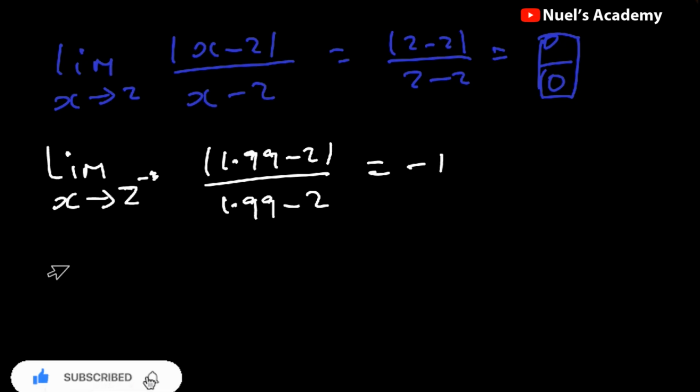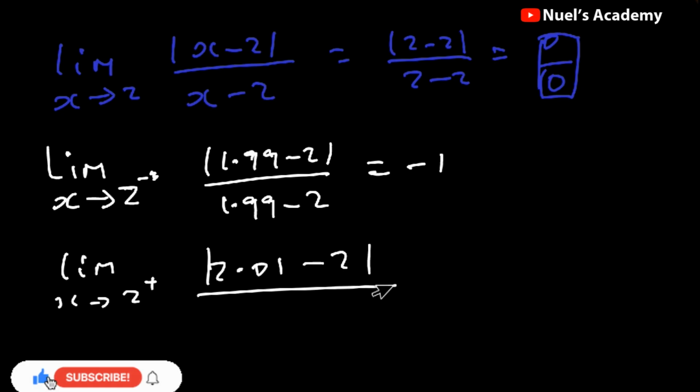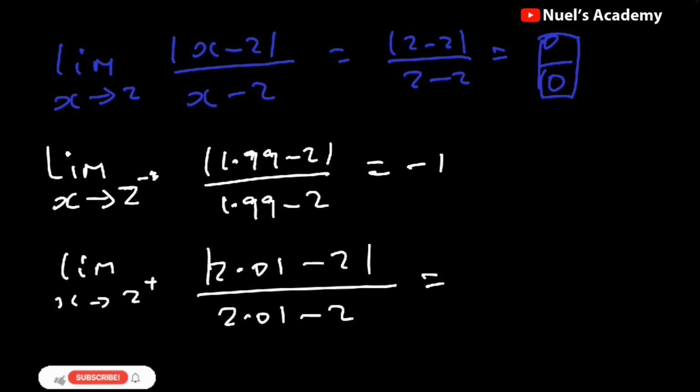Let's evaluate it again from the right-hand side. So we have 2.01 minus 2 in absolute value signs over 2.01 minus 2. So we have 2.01 minus 2 divided by 2.01 minus 2.